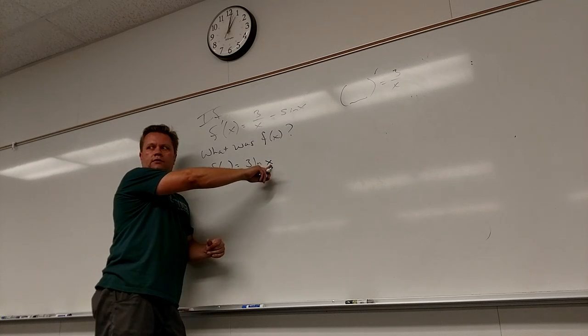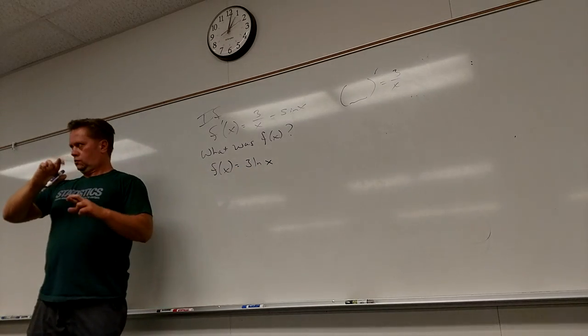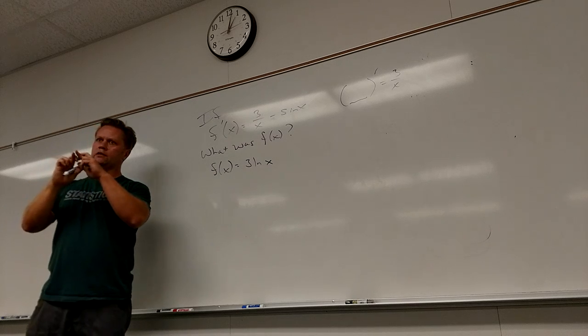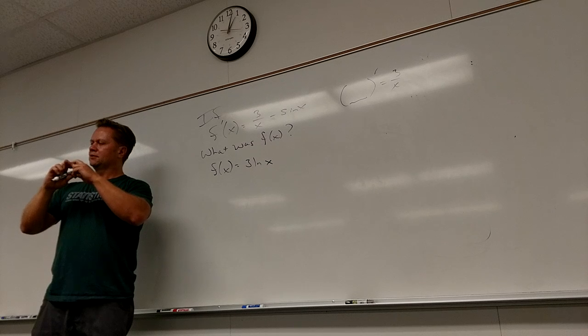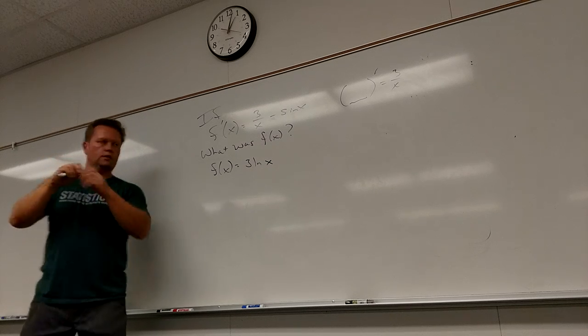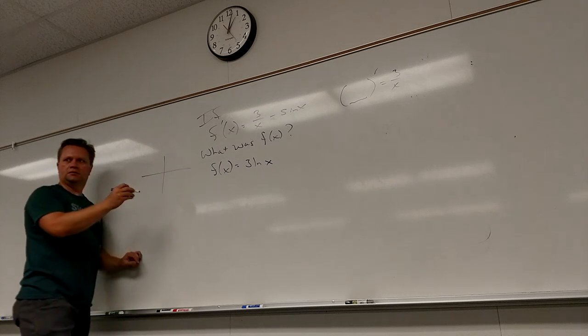But if I do this, what's true about this? What does x have to be for this to be okay? Anybody remember? What's a natural log look like? What's a log look like?